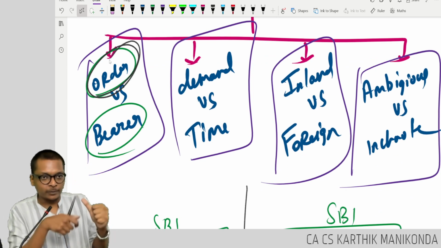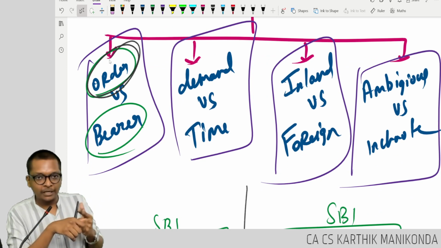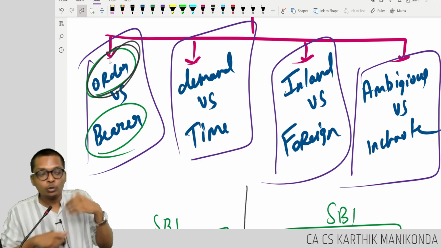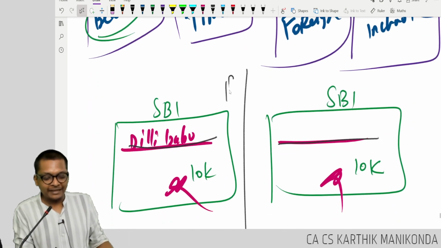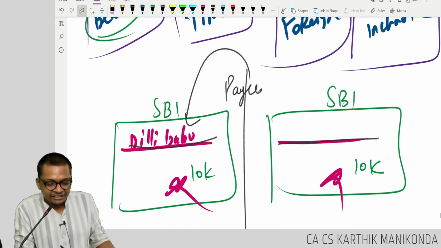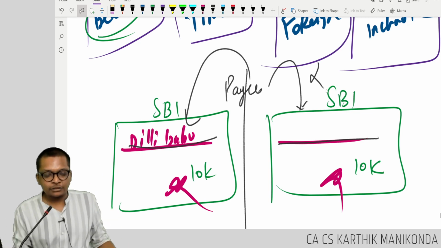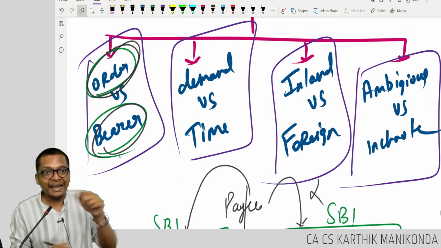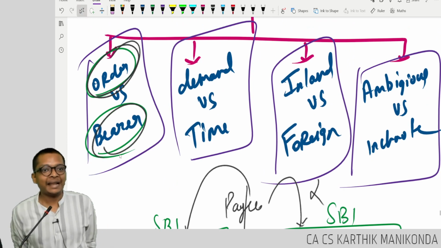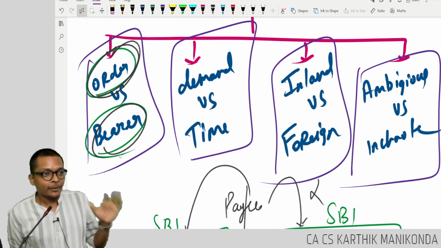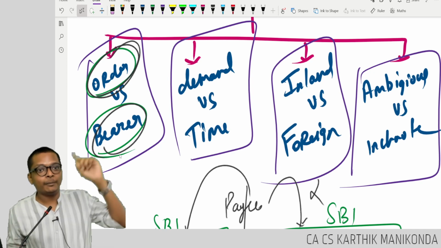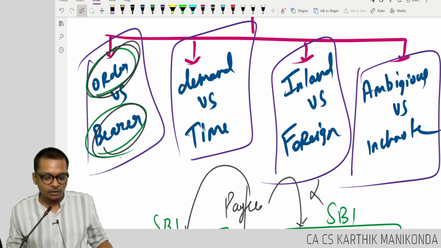Any instrument, promissory note or bill of exchange or check, where the payee name is mentioned is called order instrument. If the payee name is not mentioned, it's called a blank check, bearer instrument. But don't use the words blank check in the exam; write bearer instrument. Okay, that's it.